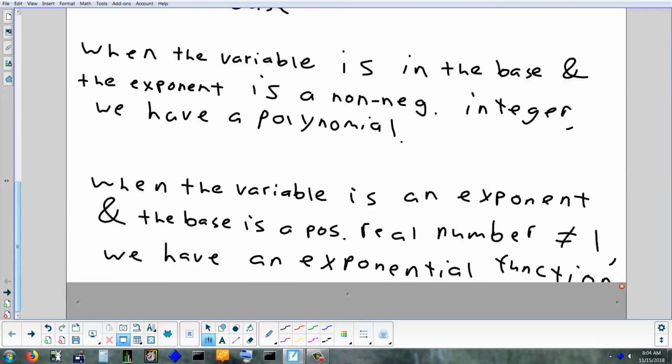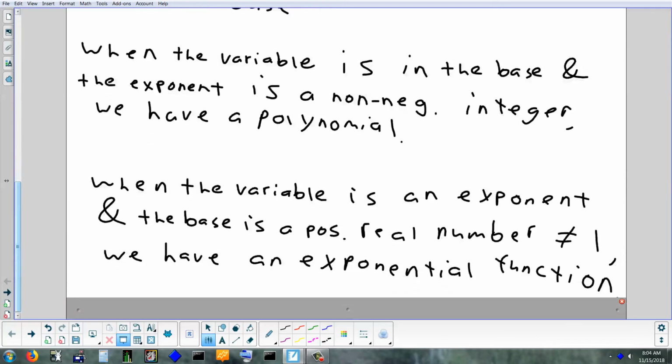So now, this is the case where you have an exponential. If your variable is an exponent, and the base is a positive real number, except 1. Because think about what would happen if the base was 1. 1 to any power is always what number? 1.